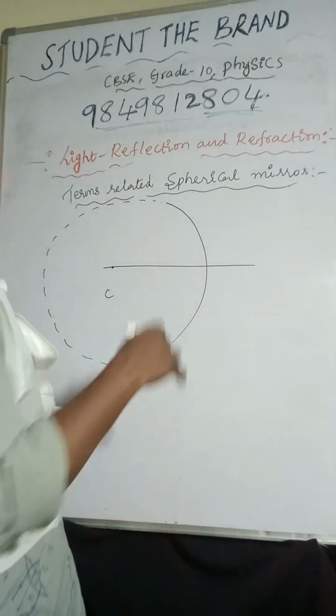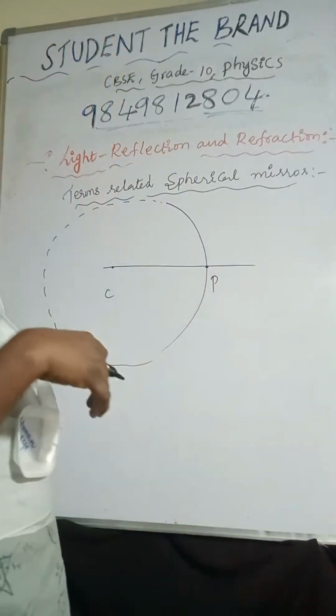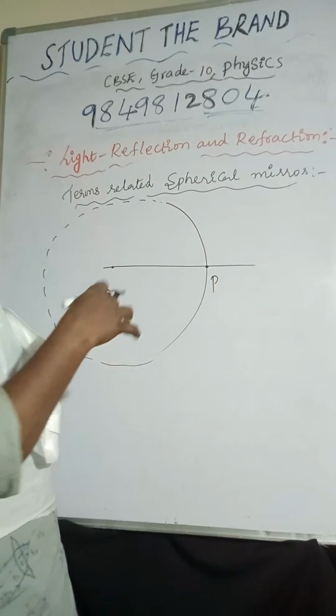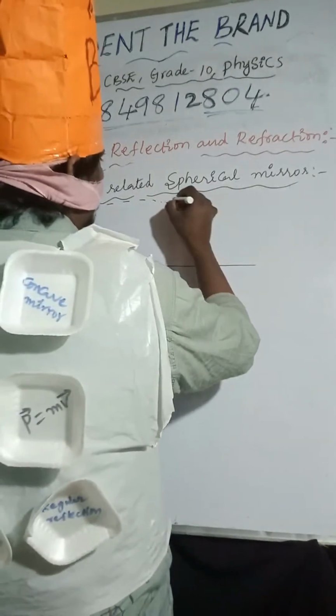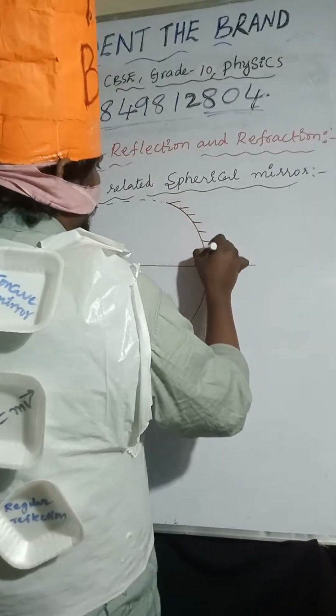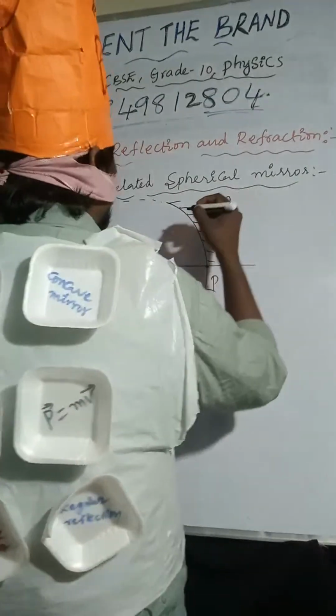The midpoint of the mirror is called the pole. What type of mirror am I considering? A concave mirror.